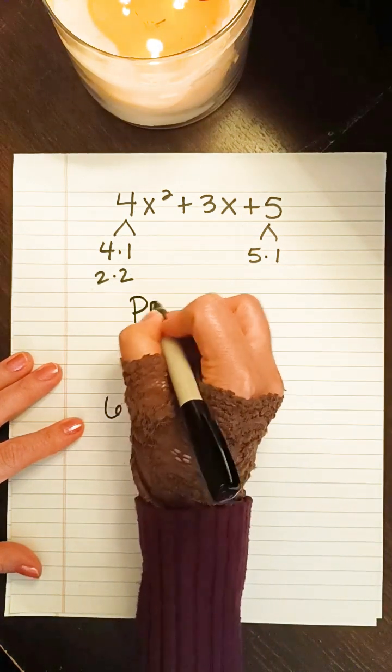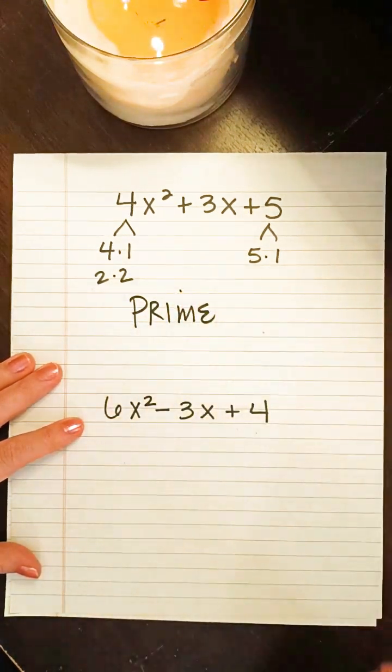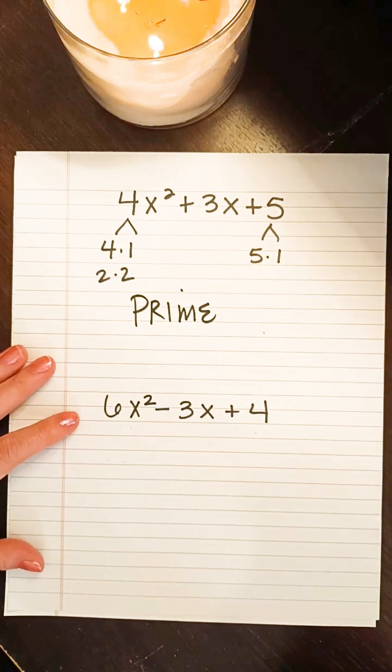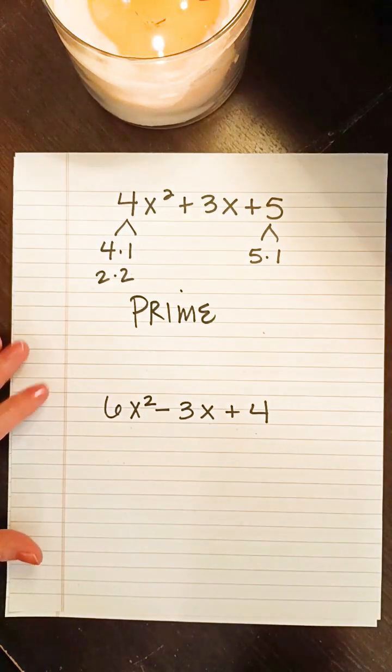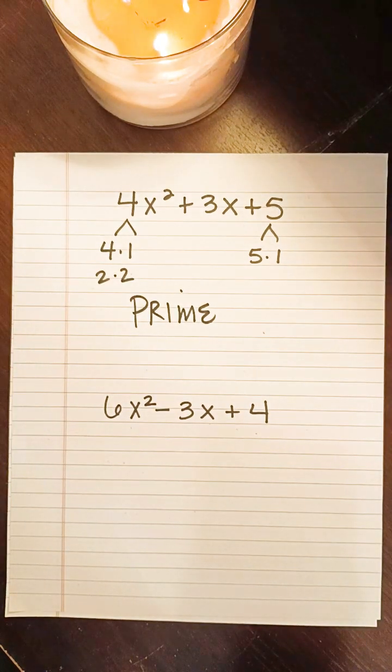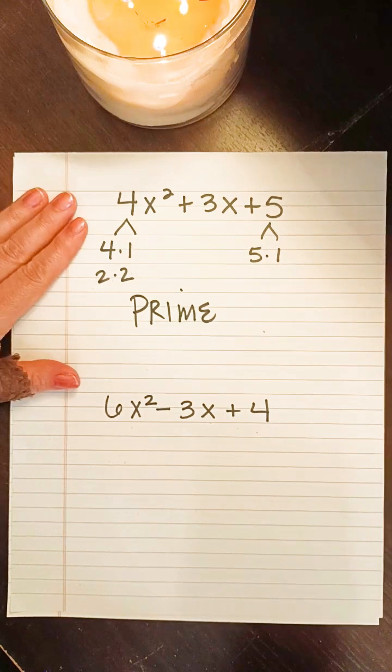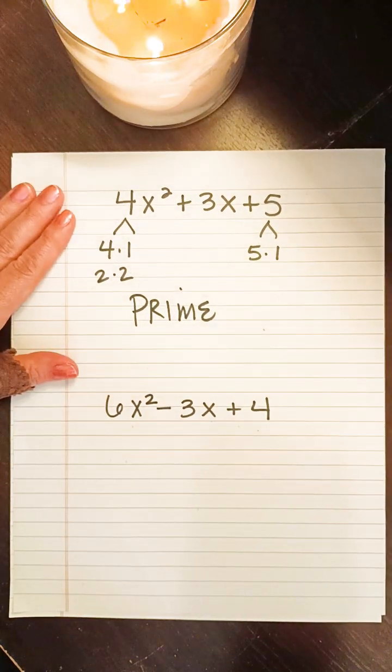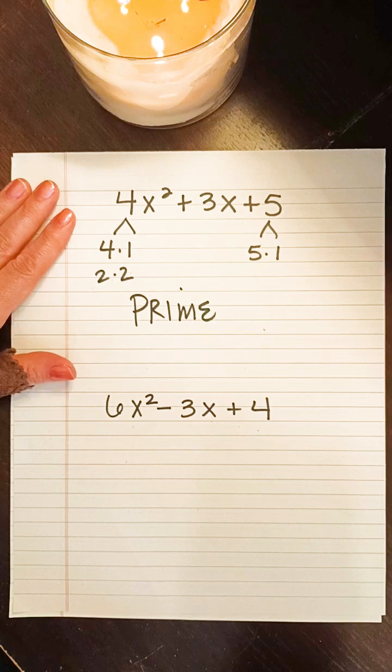This is prime. We can't factor this quadratic using integers. We say it's prime. We say it's irreducible, not factorable.